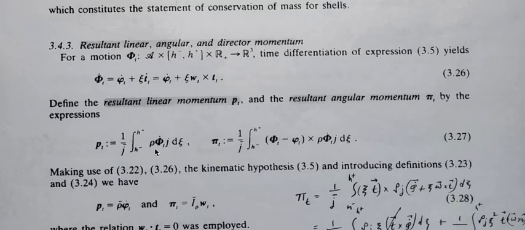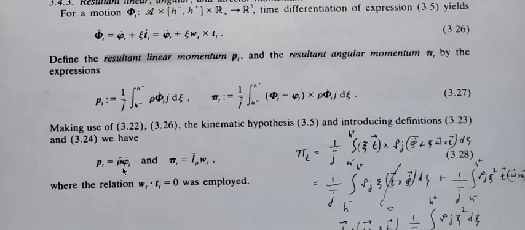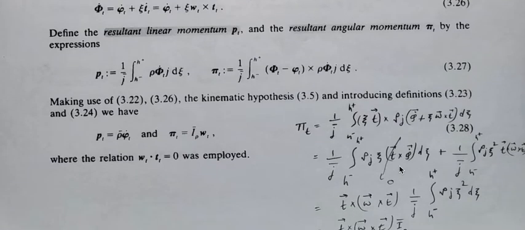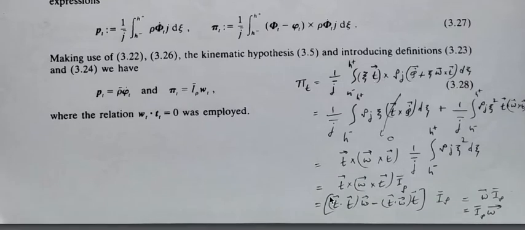So linear momentum is defined as this, rho phi dot j d xi integrated over thickness, with 1 upon j to average it out, and what we get is this as the linear momentum. And here, since we have t dot terms, we get this relationship. Some more intermediate steps are provided here, which can be seen to check the jump from here to here.